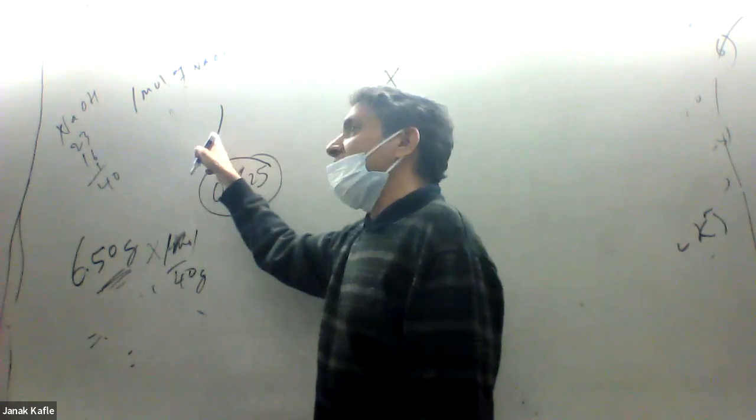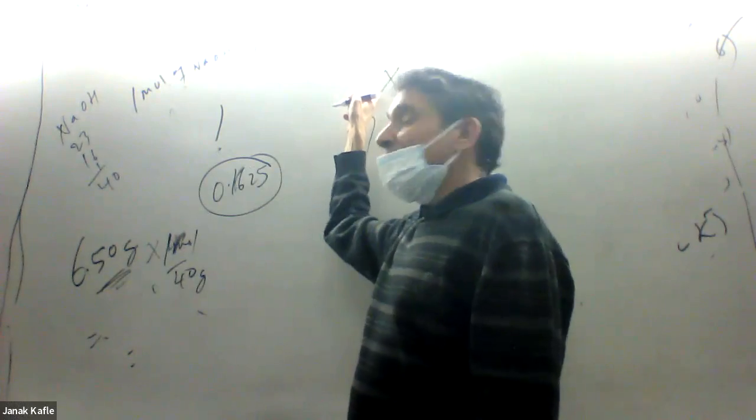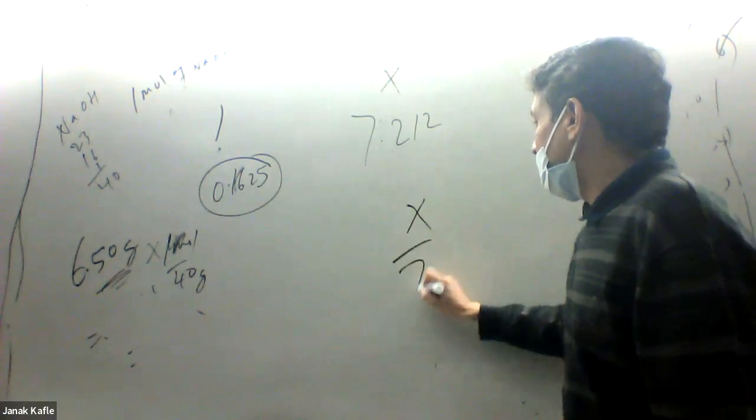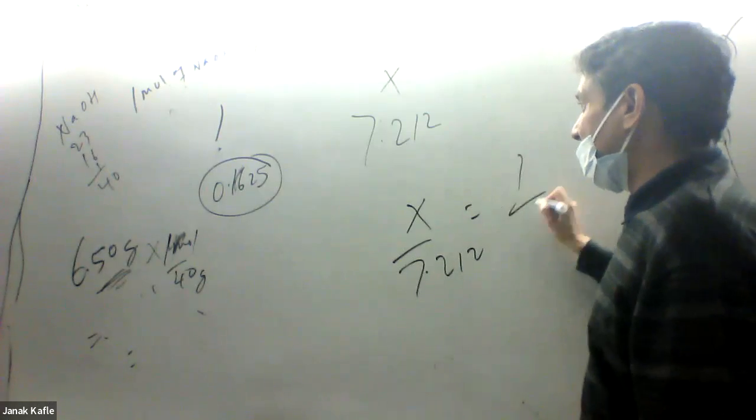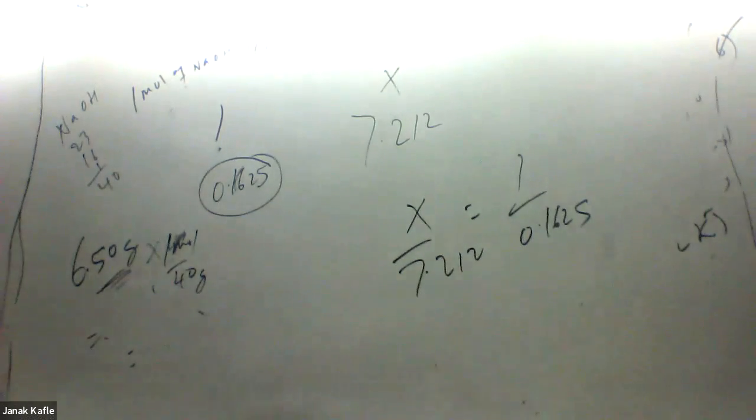So they are asking how much heat we produce if I want 1 mole, right? That's x kilojoules. So x divided by 7.212 is equal to 1 divided by 0.1625. Whether you want to do it gram to gram or mole to mole, it's the same and gives the same answer.